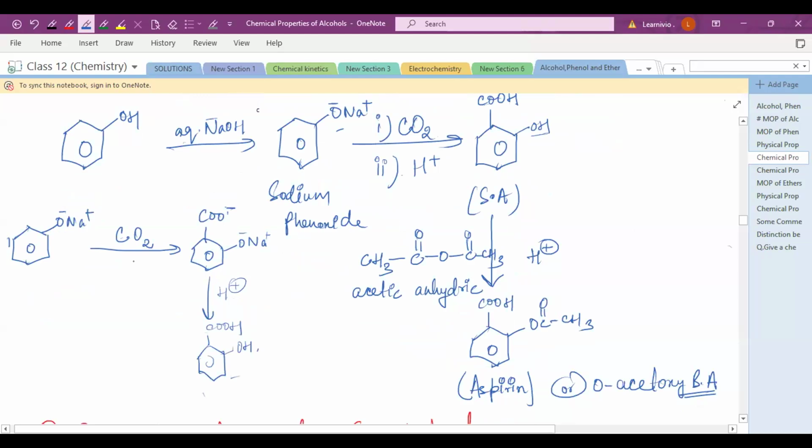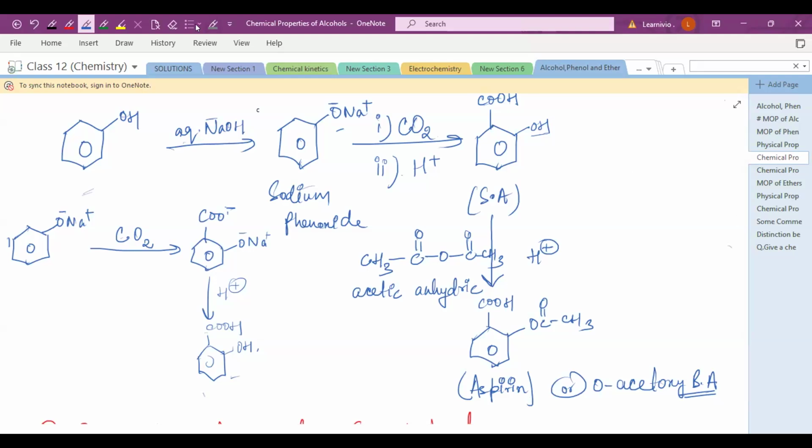That's how you can form the salicylic acid from sodium phenoxide. First you start the reaction with the phenol. Now what do you add to phenol? Aqueous sodium hydroxide. The hydrogen will be replaced and the sodium will come in the place of hydrogen, right? So first sodium phenoxide ion will be formed.